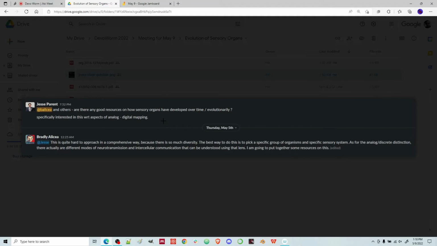As for the analog / discrete distinction, discrete being another word for digital, there actually are different modes of neurotransmission and intracellular communication that can be understood using that lens. I'm going to put together some resources on this. I think we've talked about the different modes of neurotransmission in this group. You have neuropeptides, different types of neurotransmitter, and then electrical or gap junction connections, and they all have different modes of transmission through the nervous system.